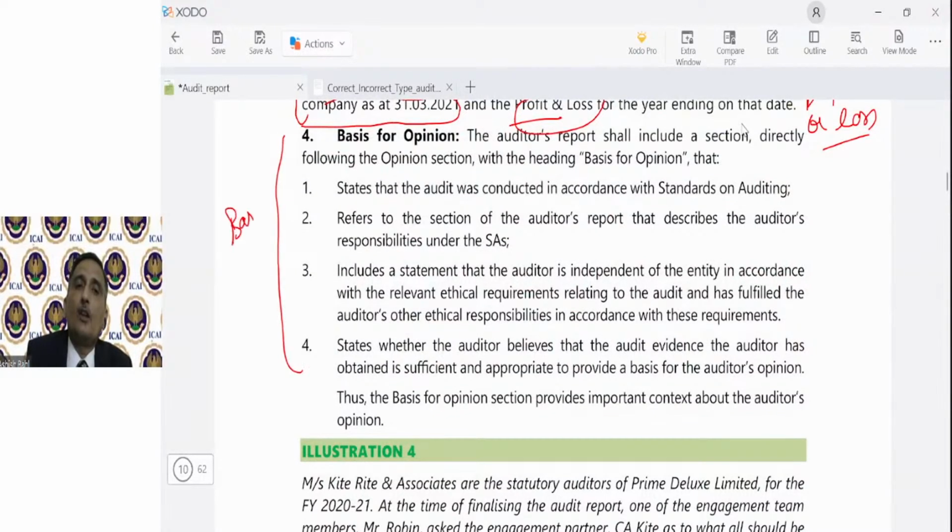Now that is also important. He has also to state the basis for opinion. The auditor's report should include a section following the opinion section.